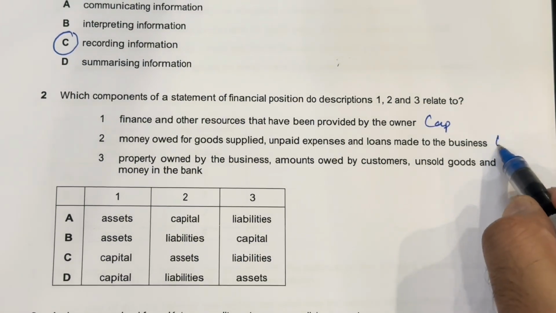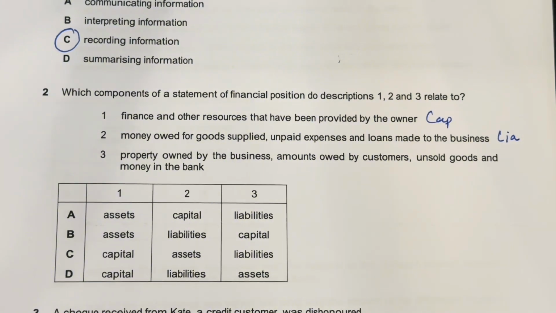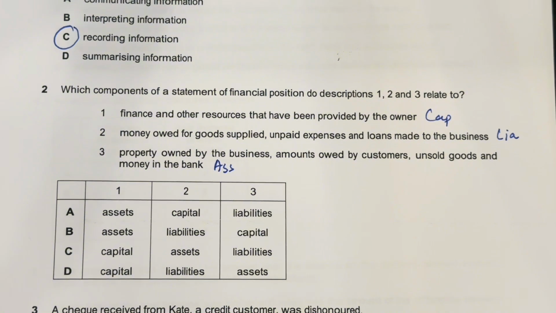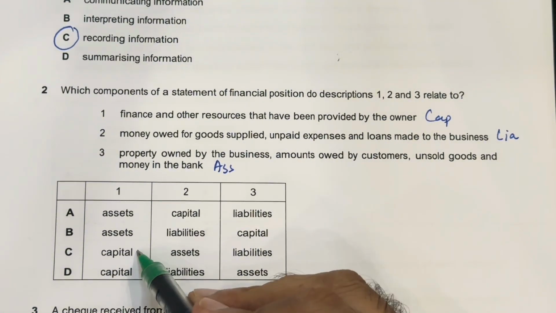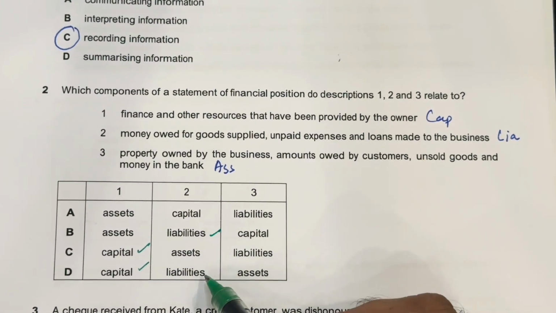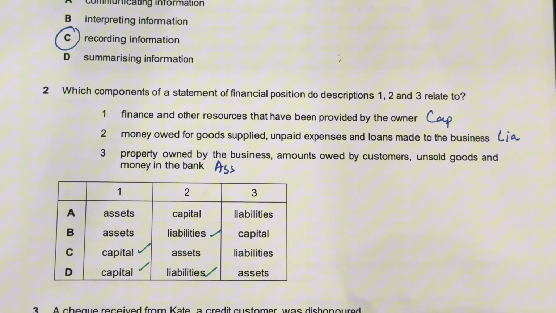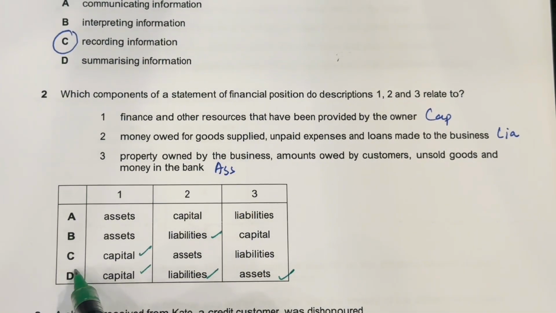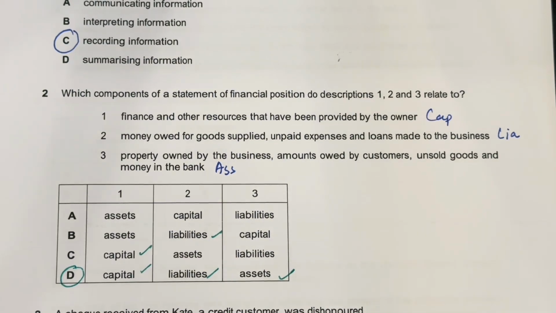This is liability. Property owned by the business, amounts owed by customers, unsold goods and money in the bank. This is assets. So option 1 is capital, option 2 is liability, and option 3 is assets. The only correct option where all three are correct is option D.